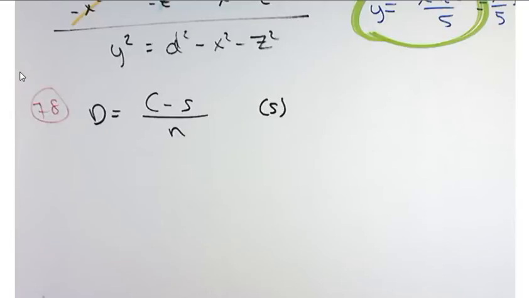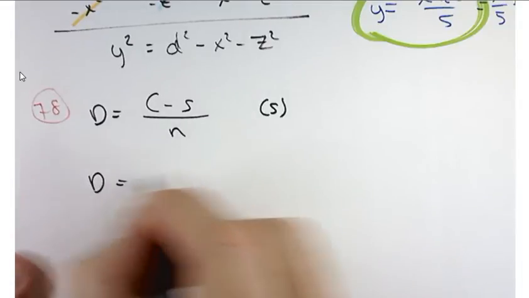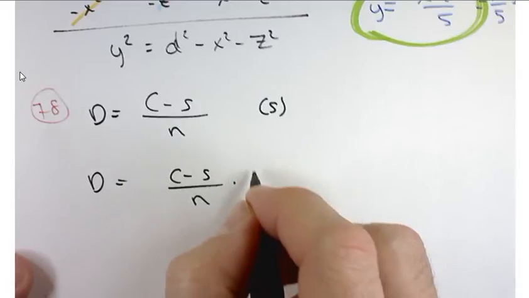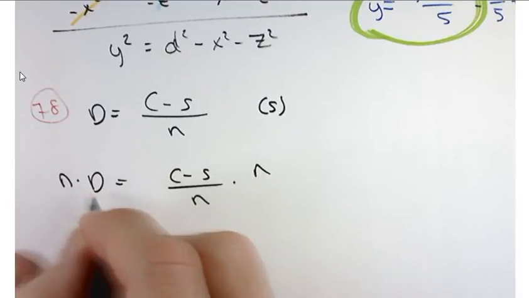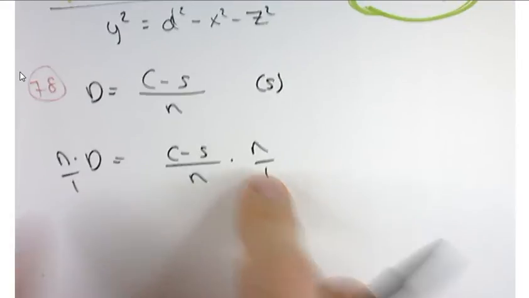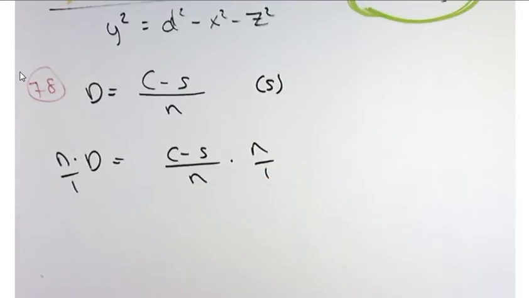George, what do you think we should do to start this one? All right, how are we going to get rid of the n? Good. So we're going to multiply by the lowest common denominator on both sides. The lowest common denominator is just n. All right, thanks, George.